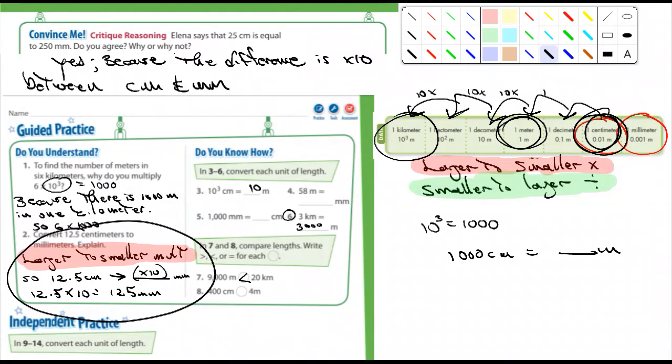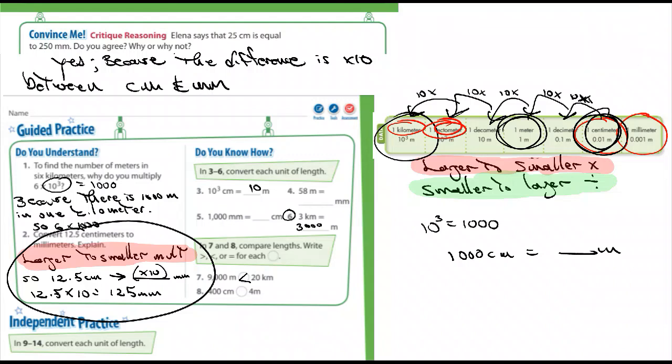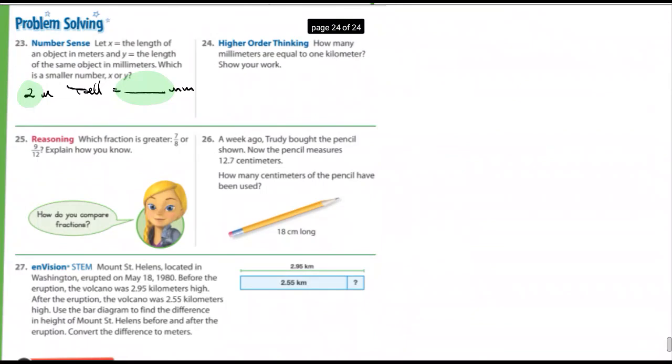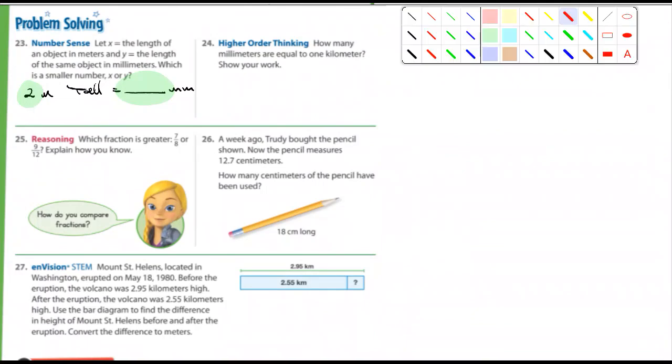If you're going to the left, 10 times each. So there's 10 hectometers in 1 kilometer. All right, a difference of 10 each time. Yeah, you should be able to do 24.